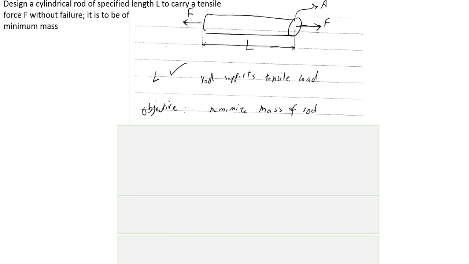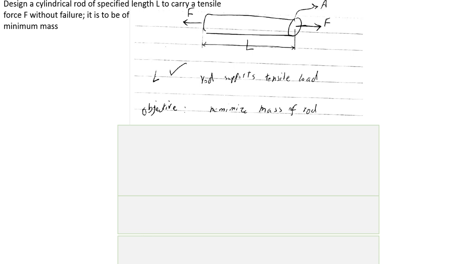Of course, we have two variables, which are area and type of material that we want to select from the list that we have in the CES software. Here maximizing the performance is actually minimizing the mass while the rod can still carry the load F safely without failure.